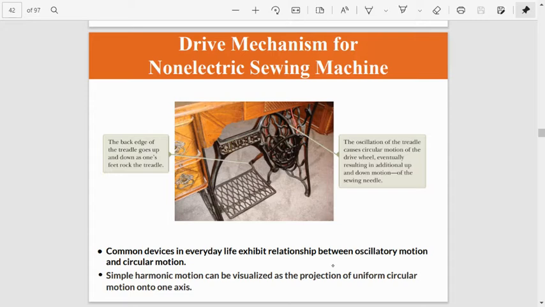In fact, you can think of simple harmonic motion as the shadow of uniform circular motion if it's projected on a single axis.